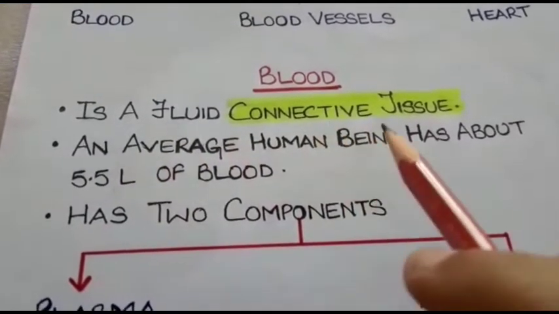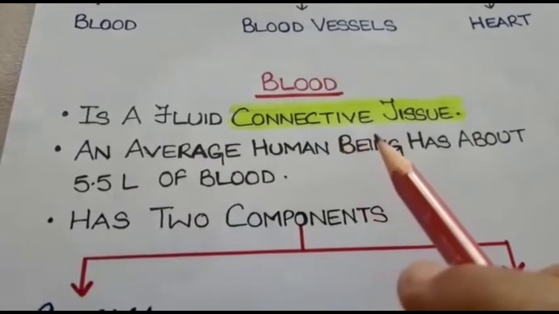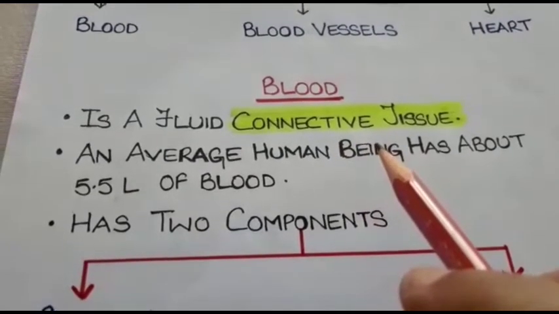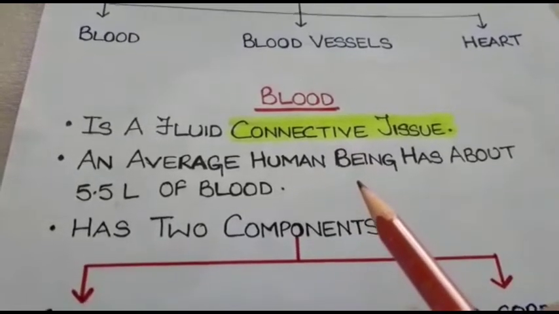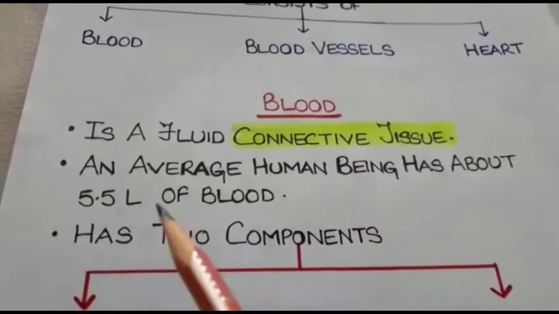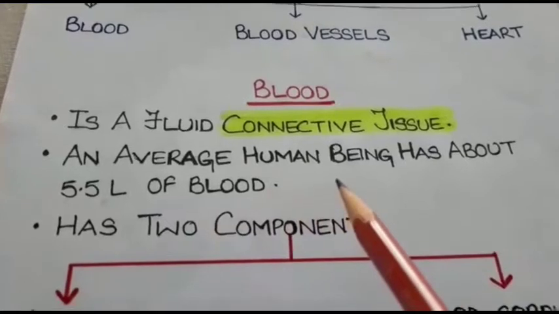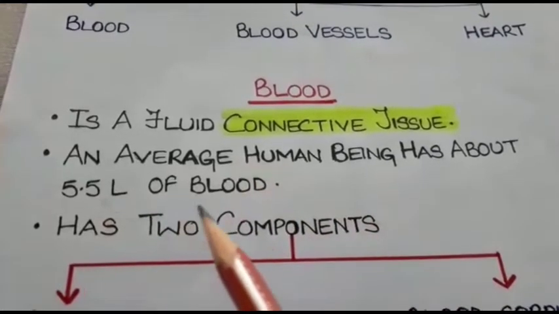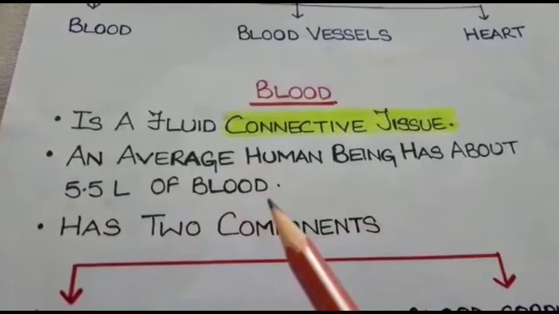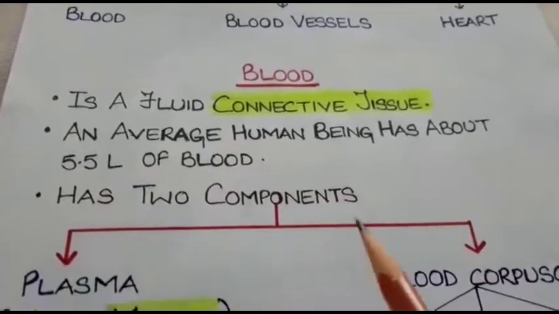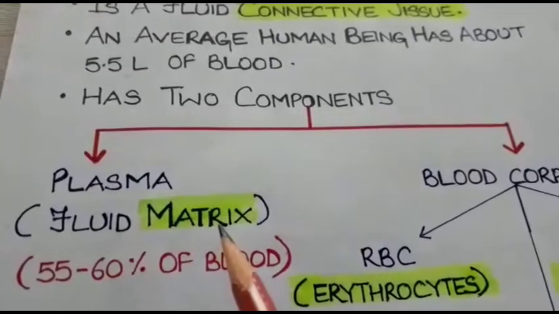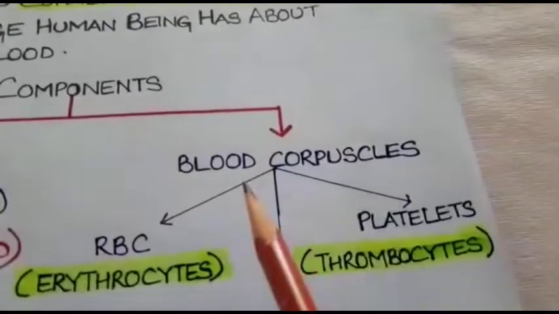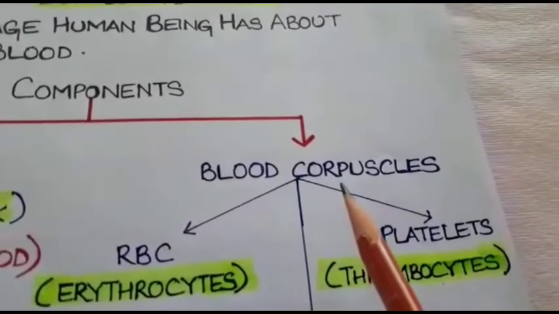A connective tissue, as we have studied in class 9th, is a type of tissue that helps in binding various types of tissues. In an average human being, there is about 5 to 5.5 liters of blood, and blood has two components: the plasma, that is the fluid matrix, and the blood cells called the blood corpuscles.